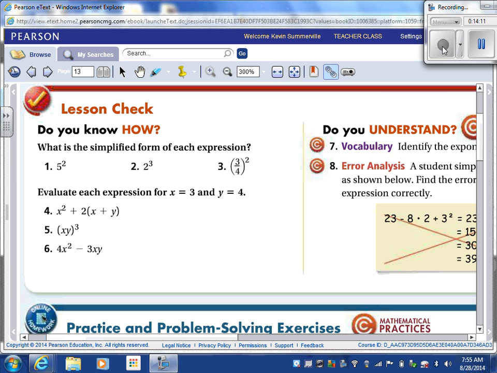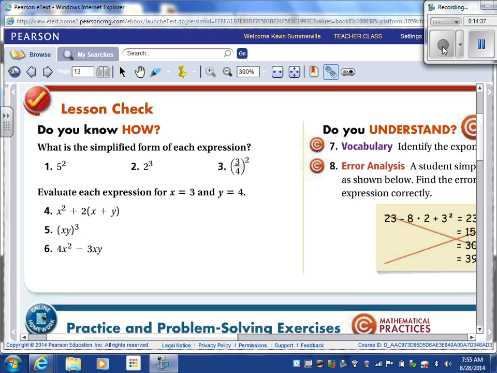All right, let's take a look at number 5. We have parentheses with 2 letters inside with this 3 here. Okay, the third power. So every time I see the X, I'm going to put a 3. Every time I see a Y, I'm going to put a 4. Excellent.